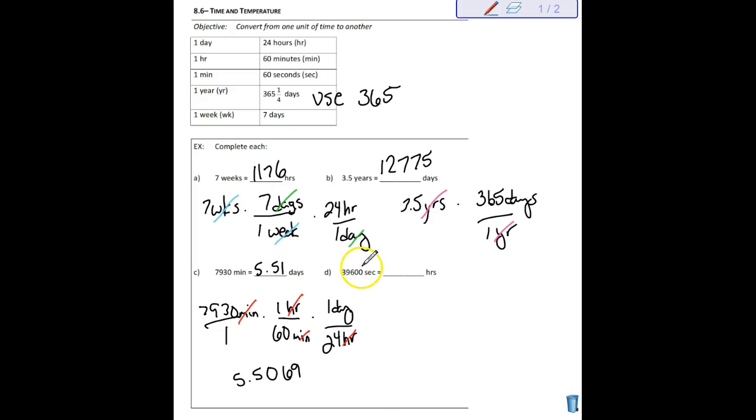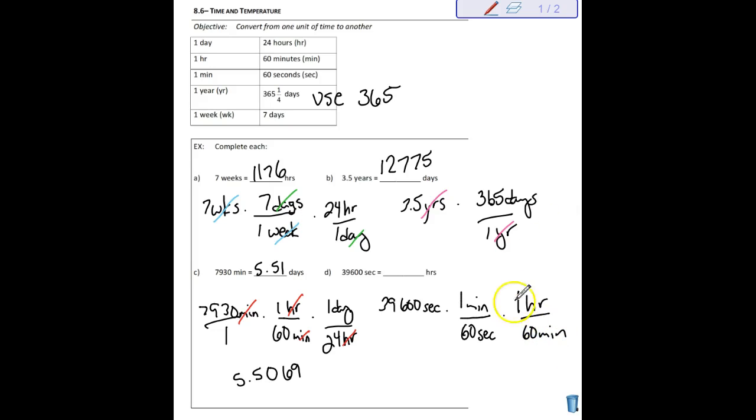Okay. And here we're going to take 39,600 seconds, and we're going to convert that to hours. Again, we're going to go from seconds to minutes. So 1 minute is 60 seconds. And then 1 hour is 60 minutes.